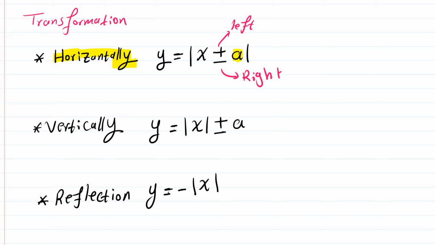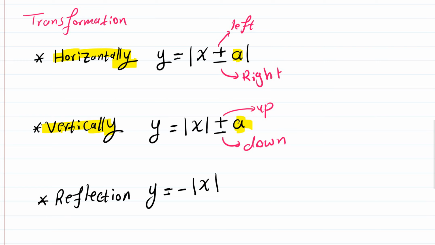How about vertically, students? When it's vertically, the A is going to be outside. As you can see, A is outside the absolute value. If it's positive, we go up. How about negative? We go down.